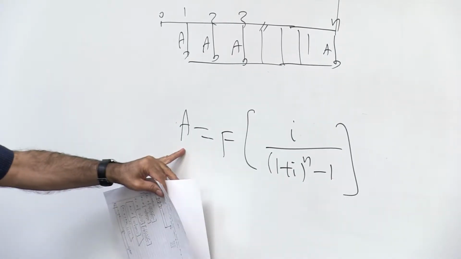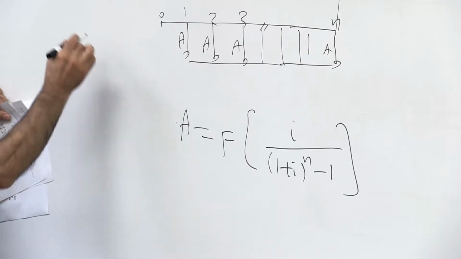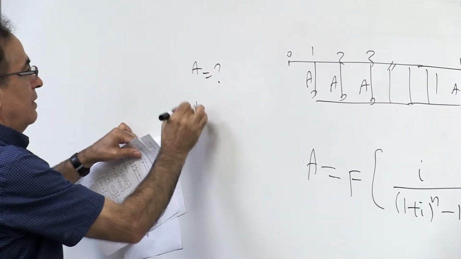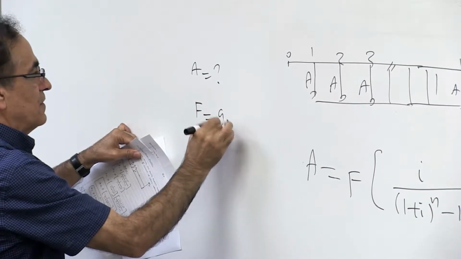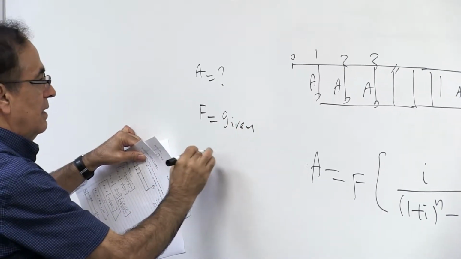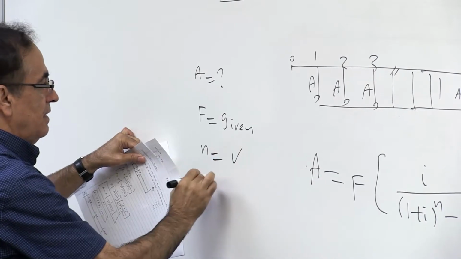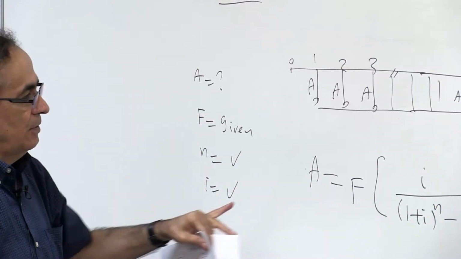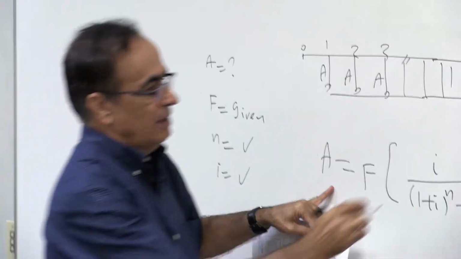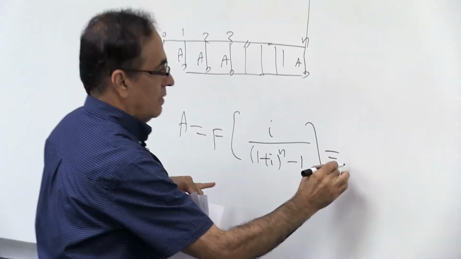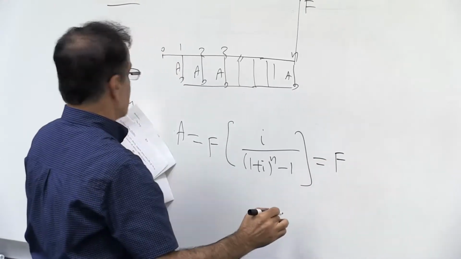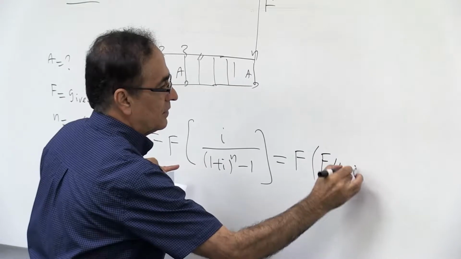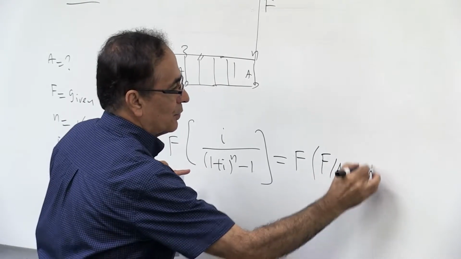If you notice in this example, A is unknown, F is given, n is given, and i is also given. You're trying to find the A value. So this is the actual equation. If you are using the table, it's going to be A given F, because F is given, with i interest and n number of periods.